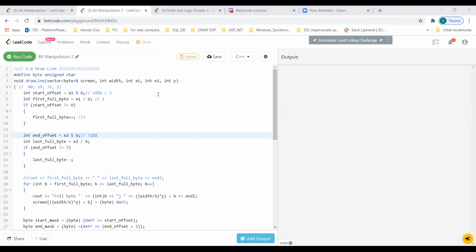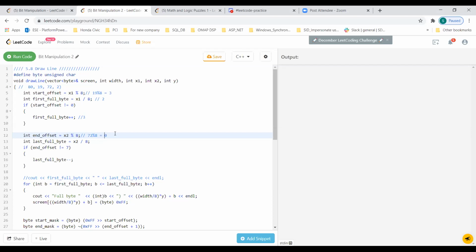Okay, let me quickly see it here again. 72, if I divide that by 8, this is going to be an exact division, correct? So in this case, my end offset will be 0.